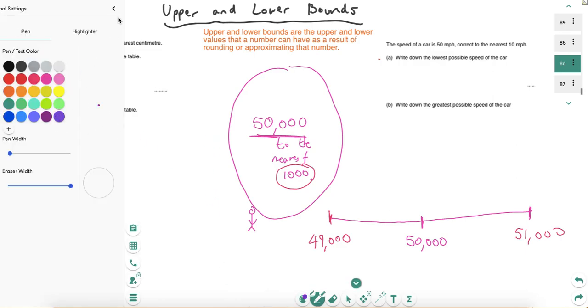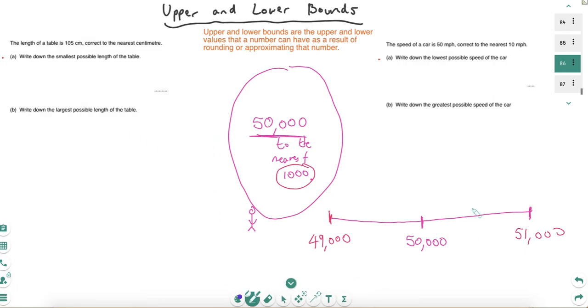Now, our upper bound is going to be the midpoint between our estimate and this number here. So the middle of 50,000 and 51,000 is going to be 50,500, and that'll be our upper bound. And our lower bound is going to be the other side: the midpoint between 49,000 and 50,000, which is going to be 49,500.